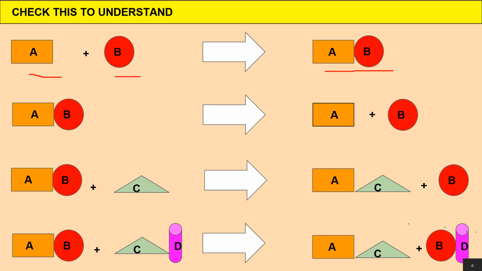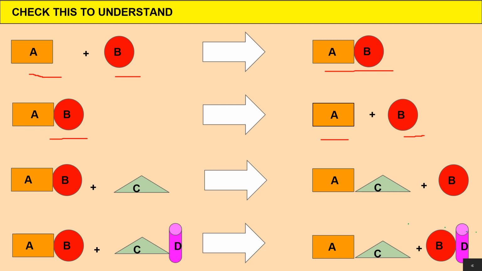This is an example of combination reaction. In the second figure, we can see the compound or chemical AB breaks or decomposes to give two separate components A and B. This is an example of decomposition reaction.